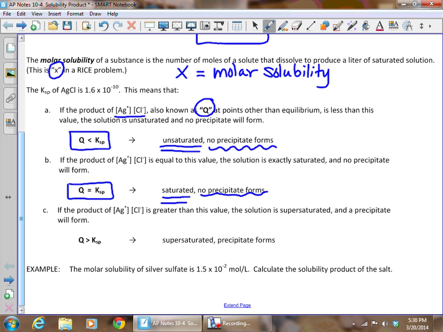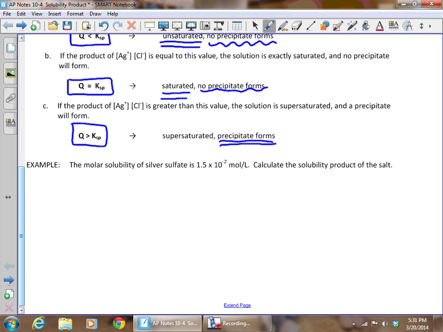However, if that product is greater than the KSP value, then we have a situation in which a precipitate is going to form.